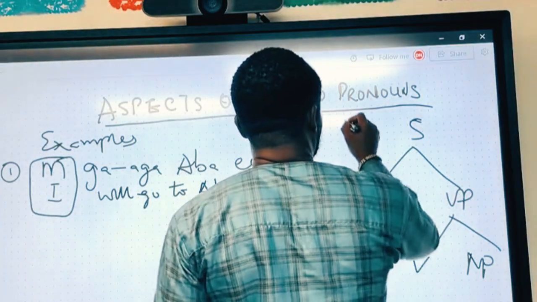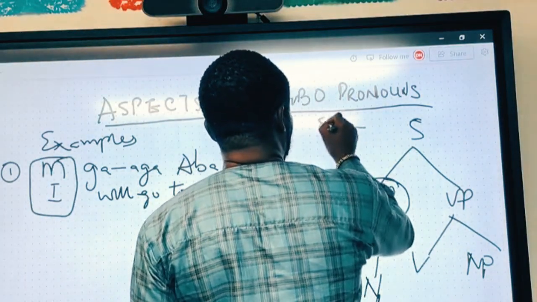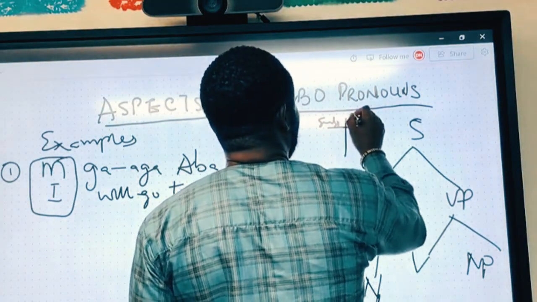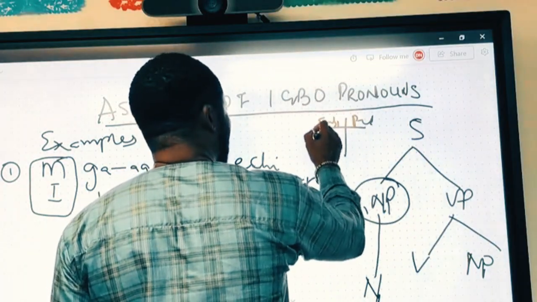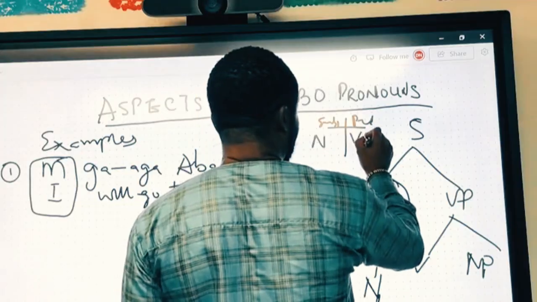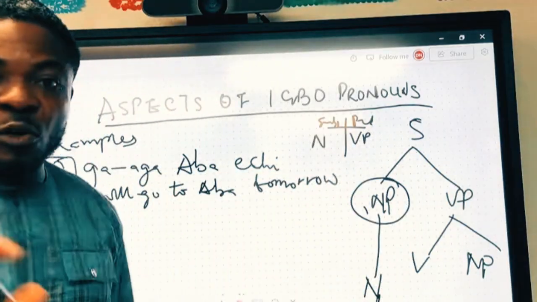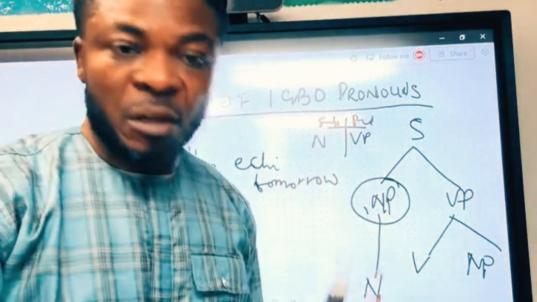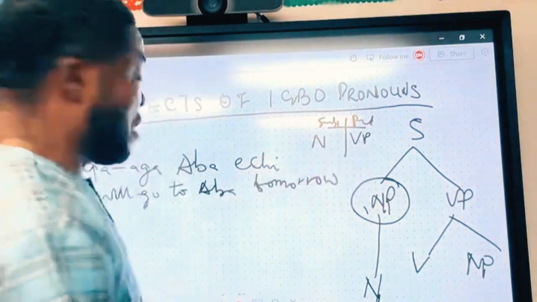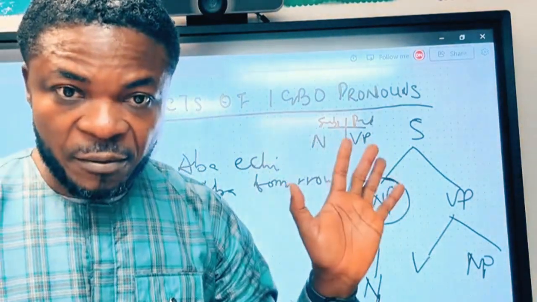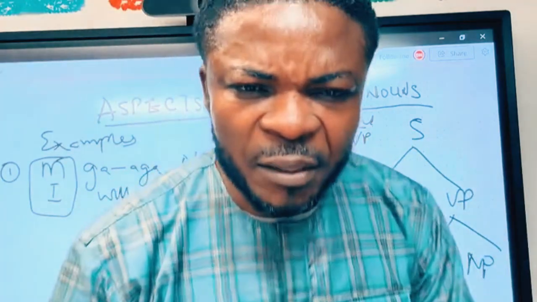And let me put this here. Subject, predicate. So we have noun, which is a pronoun, and the VP. There is no rule that will make this N come over here in the format it is. Okay? Right? All right.